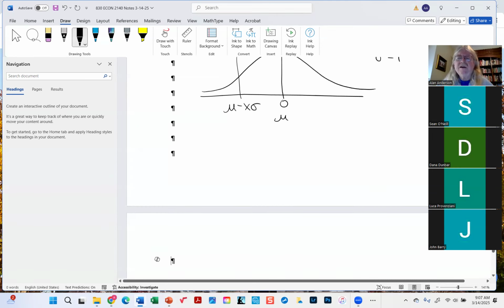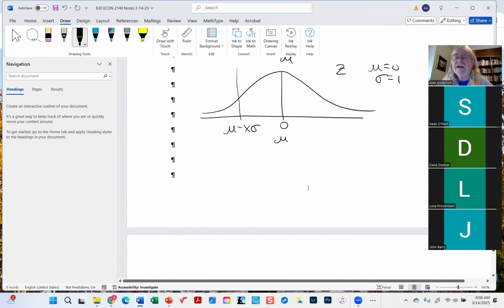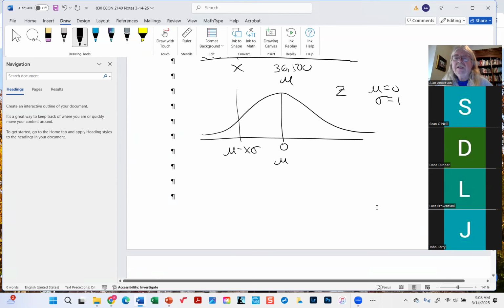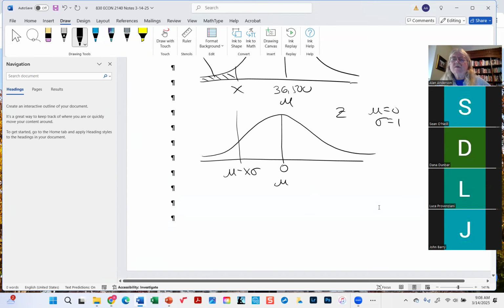Now, it turns out that there's a special command in the calculator that will do it for us. So I'm opening up another treasure chest for you here. When you see this command, you'll say, wow, that's powerful. Normally what we would be given is a location under the curve and we'd be asked for a probability.